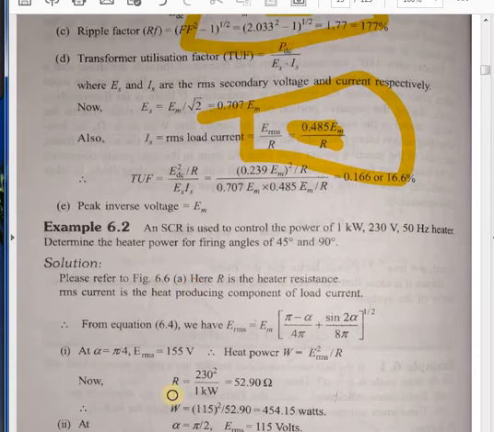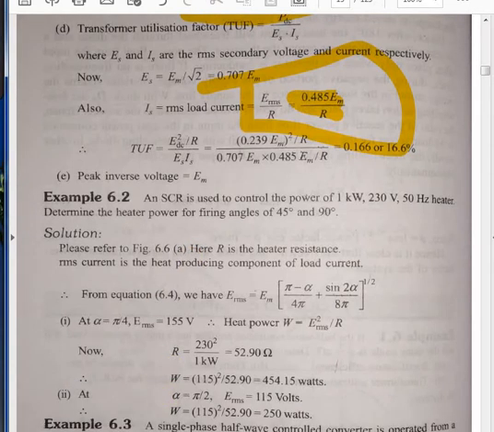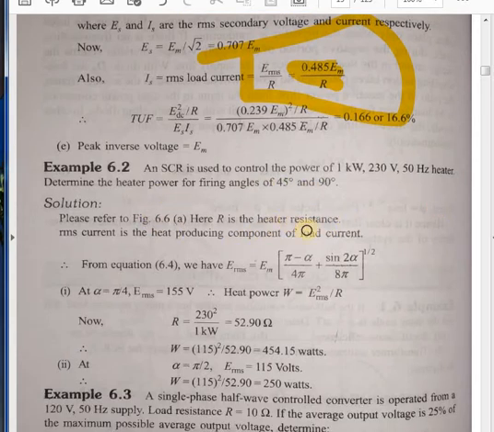So the second question deals with an SCR used to control the power of this heater. Here you are considering the heater as a resistance. The resistance of the heater will be R, and the power is given as 1 kilowatt.